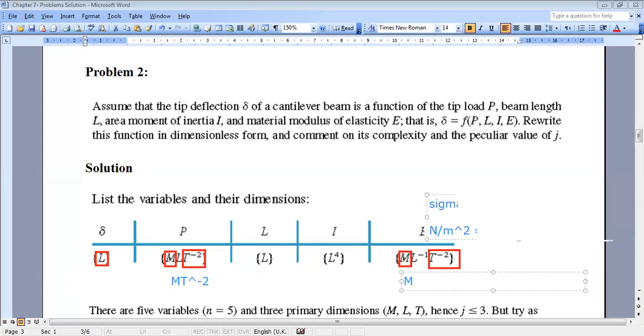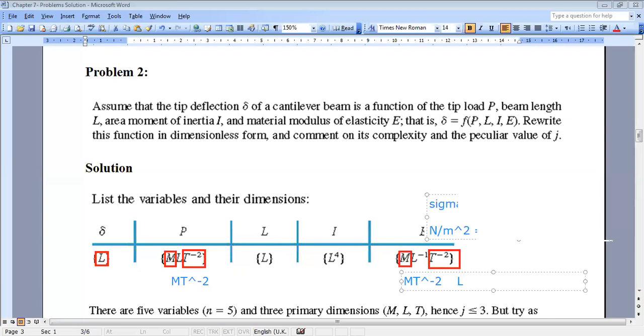If we choose any 3 variables, we can find 2 of them forming a group. So in this problem, I cannot find 3 variables that cannot form a group, because what I have in this problem is like L and M T minus 2. I don't have L, M, and T separate, because M T minus 2 is repeated in the same way.